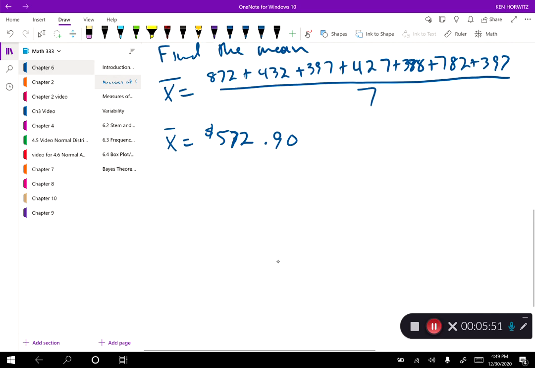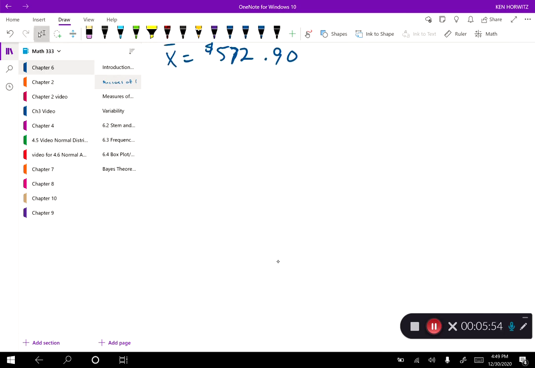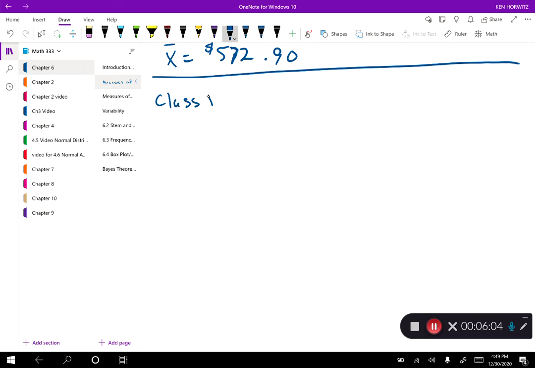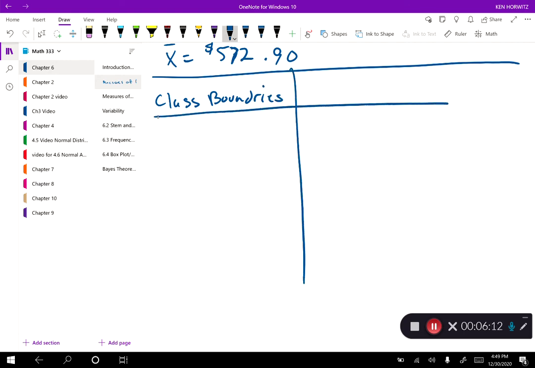All right. If we had grouped data, meaning that we took data and put it into what we call a frequency distribution, we would have class boundaries. We would have frequency.